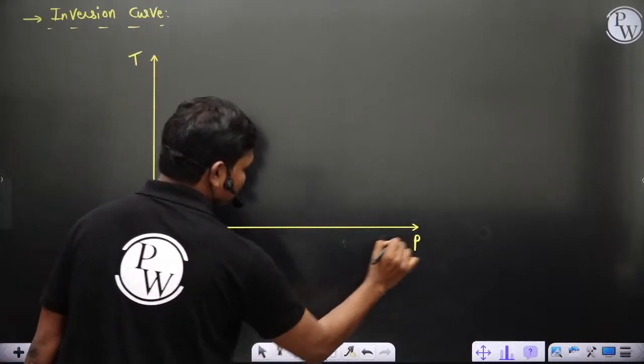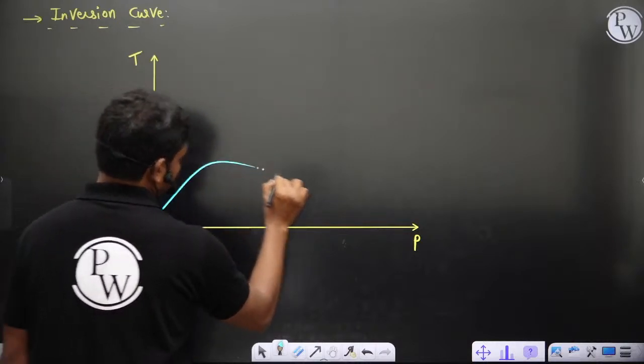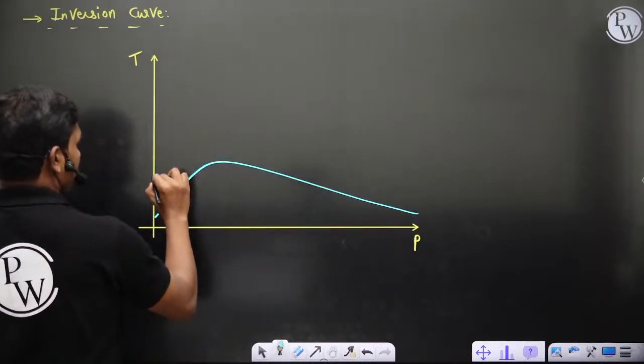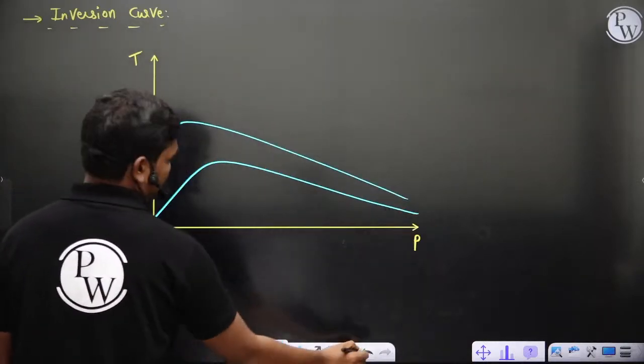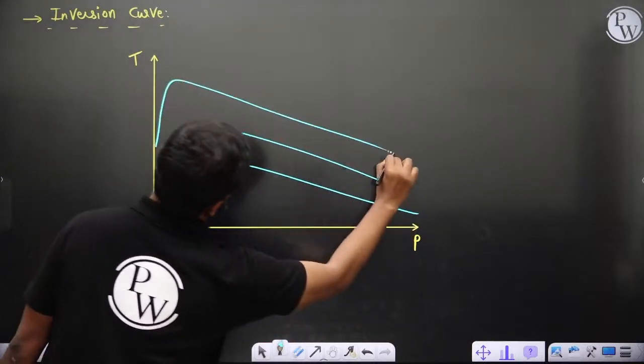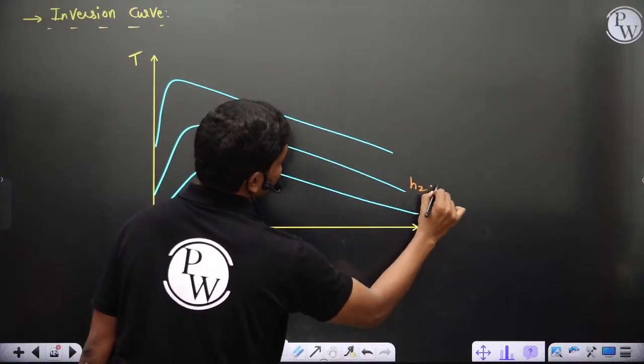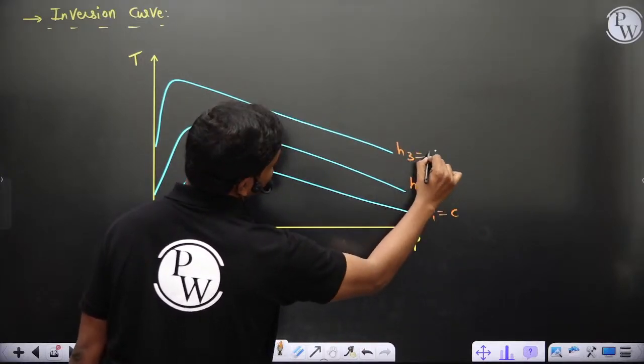On the temperature versus pressure axes, if you draw constant enthalpy curves, it comes out something like this. So this is H1 equal to constant, H2 equal to constant, H3 equal to constant. These are lines of constant enthalpy.